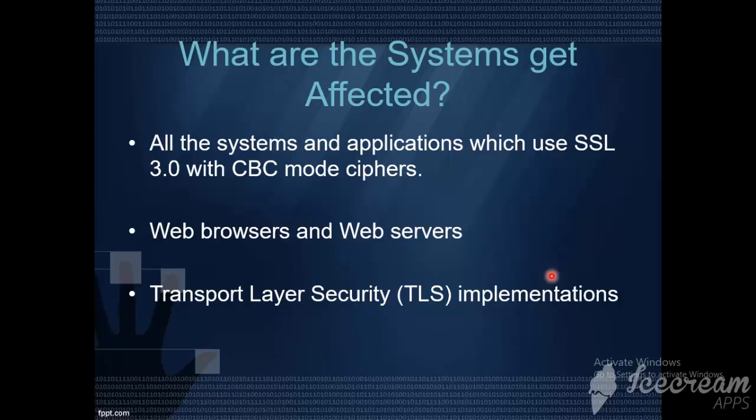So what kind of systems get affected by this attack? All the systems and applications which use SSL v3 with CBC mode ciphers will be affected, as well as web browsers, web servers and transport layer security implementations.